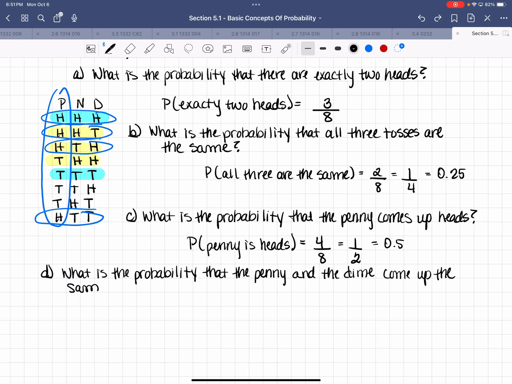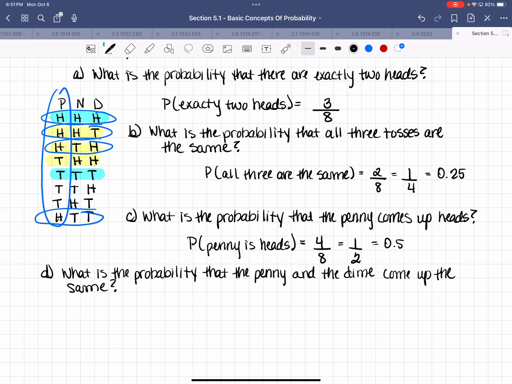Okay, so penny and the dime have to come up the same. All right, penny's my first column, dime is my last column. So that means they could be a head-head or they could be a tail-tail, right?